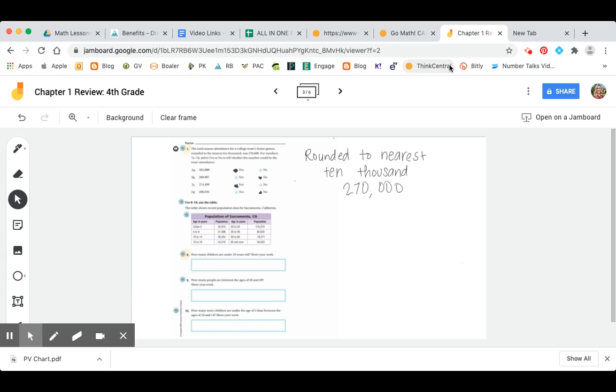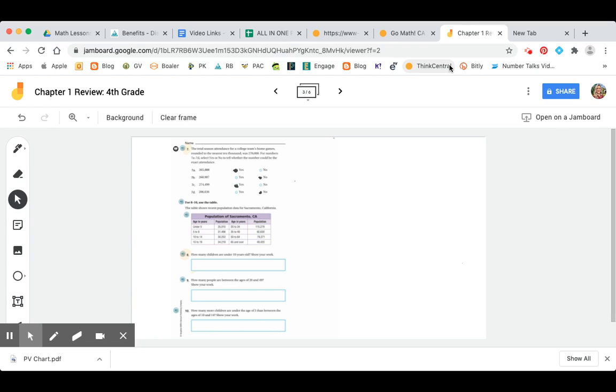Okay, so we're going to read the table. Read it to yourself. All right. So we're looking at the population of our state capital, Sacramento. And it says how many children are under 10 years old? Show your work. All right.